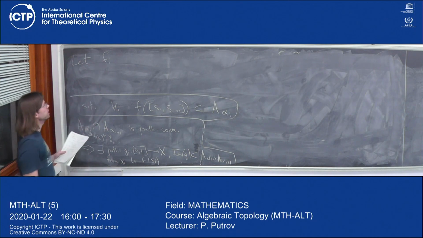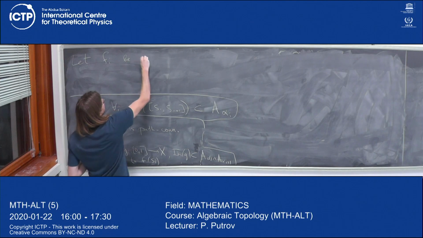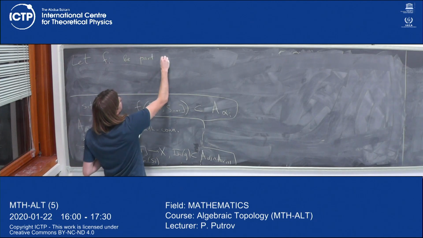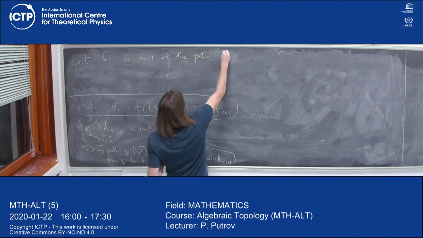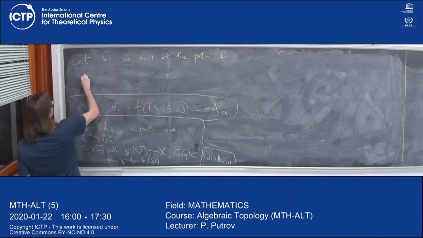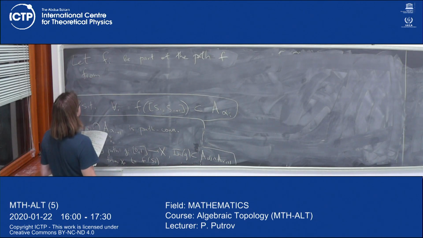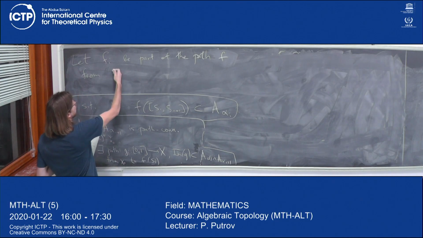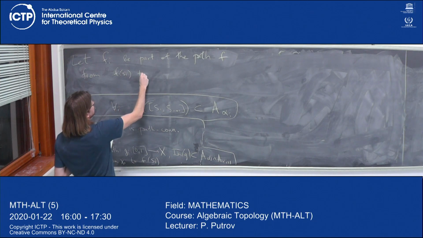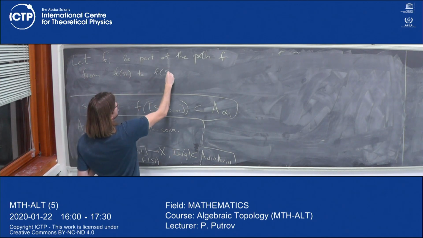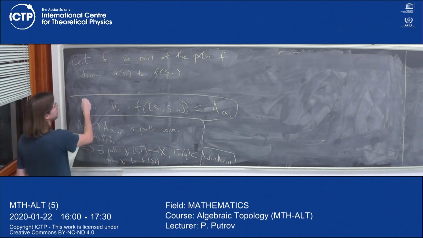So let me denote by Fi a part of the path F from F of Si to F of Si plus 1.